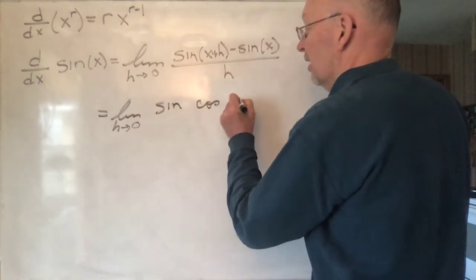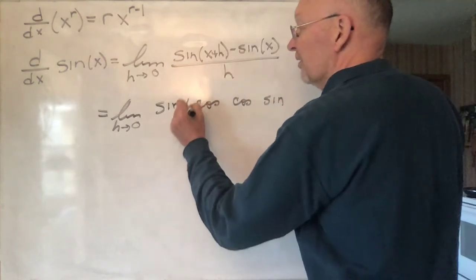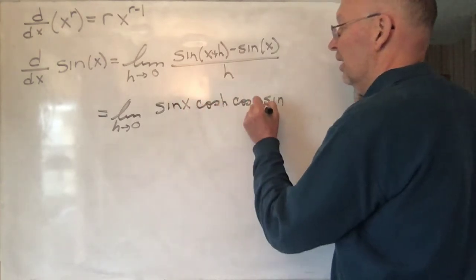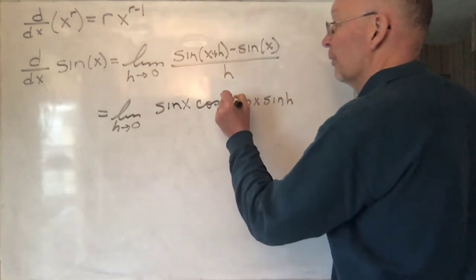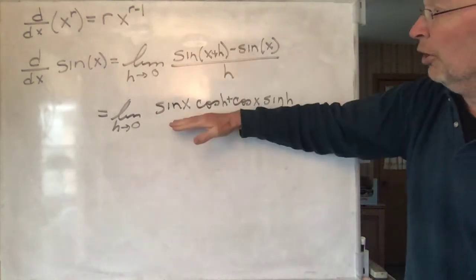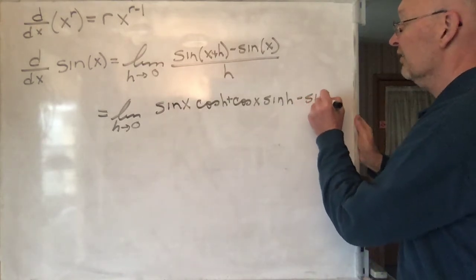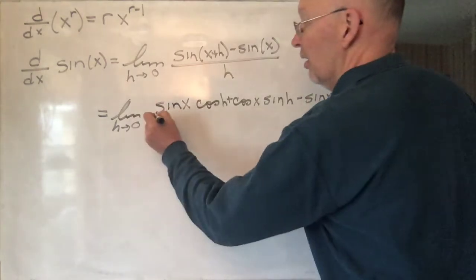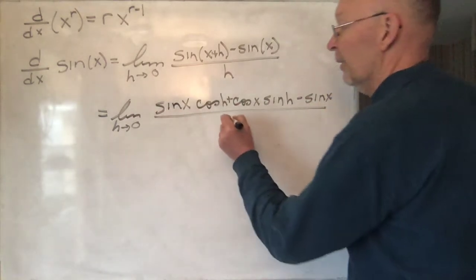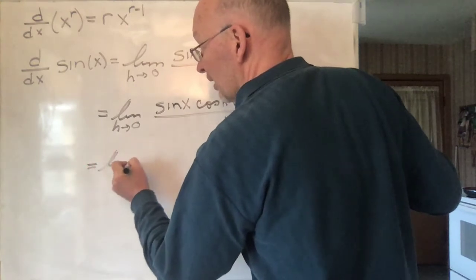Then you alternate putting x and h, and you have a plus right there. So this can all be written like this. Then you have a minus sine of x right there, all divided by h.